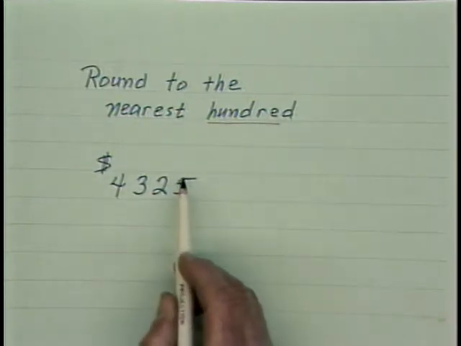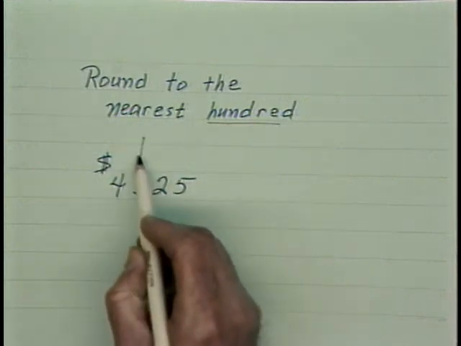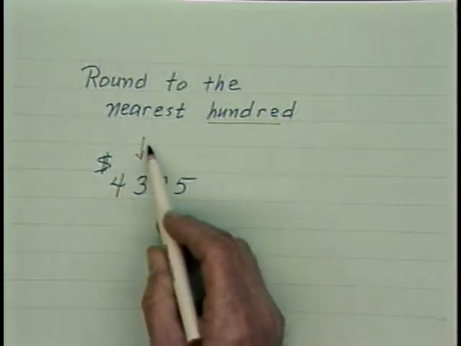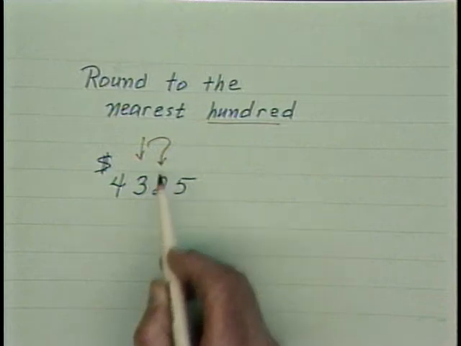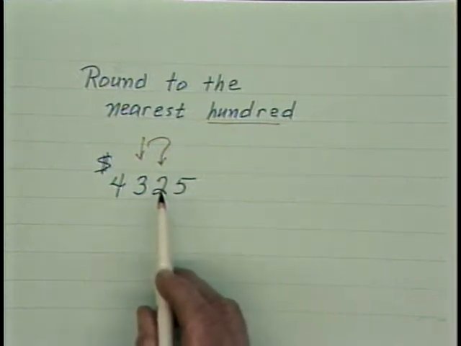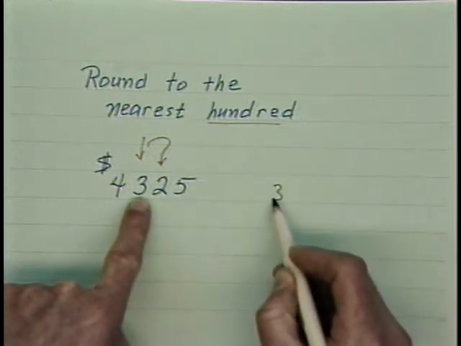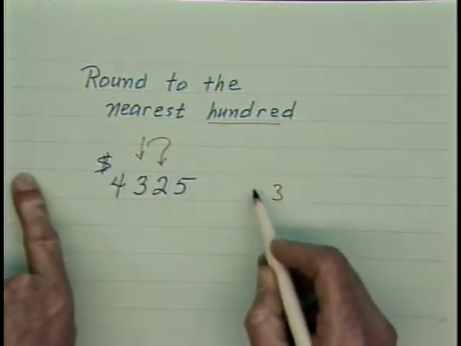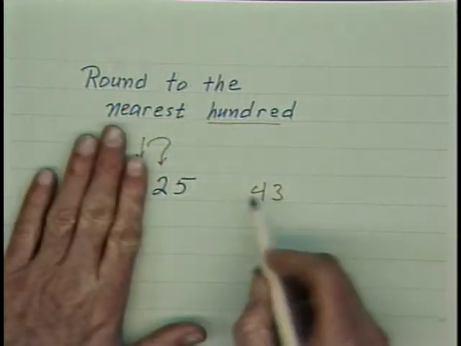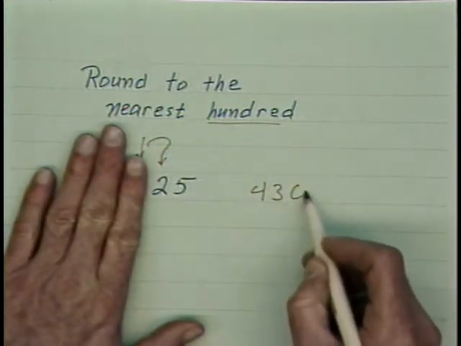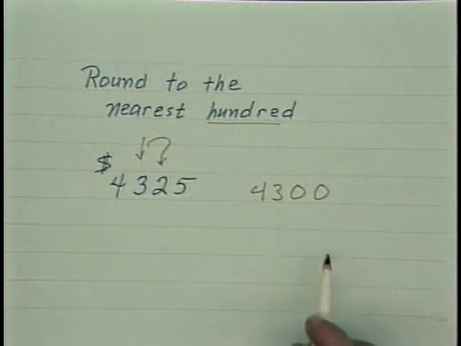So here's units, tens, hundreds. Look only at the digit just before it and ask, is this 5 or more? The answer is no. Then I leave this hundreds digit alone, everything in front of it alone, and everything behind it I turn to 0.